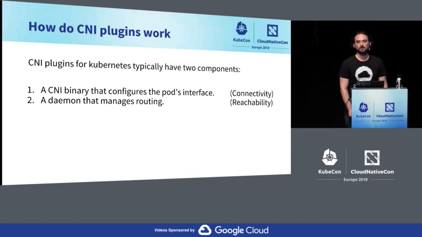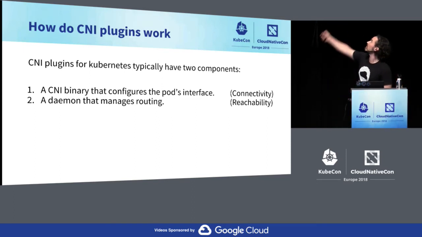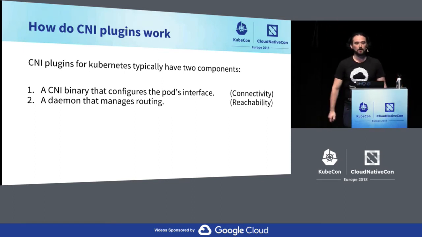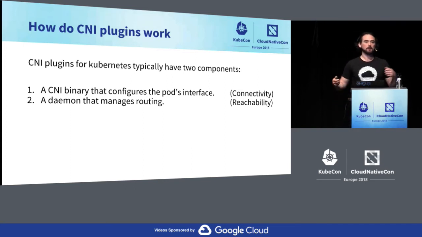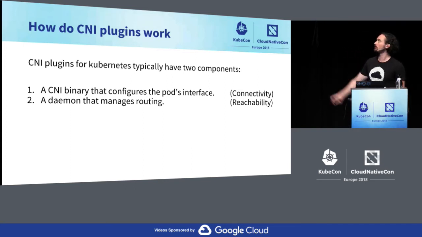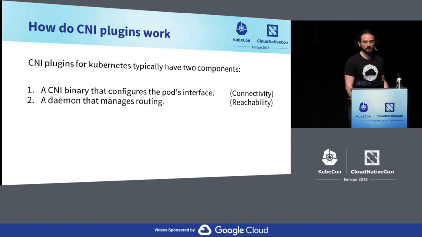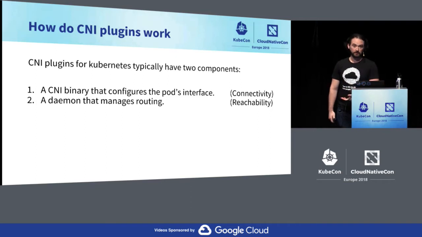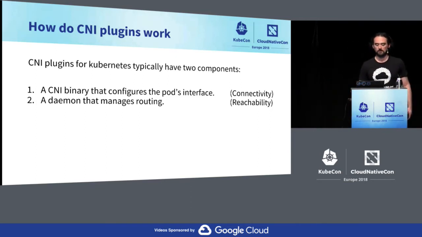This is the code that is actually going to be doing the namespace switch, so this needs to be a separate process. That is providing your connectivity. Separately, essentially all CNI systems for Kubernetes also include a daemon that is going to manage routing. In other words, you're going to have a daemon that is going to be providing the reachability solution for your network.